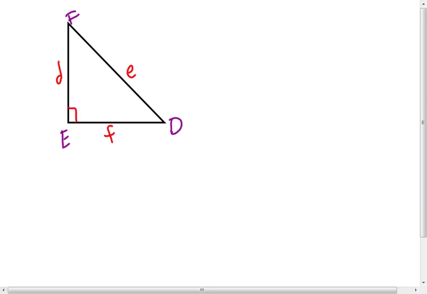So if we have a triangle set up like this, and we have F is equal to 17, E is equal to 32. We want to find D. Excuse me, not E, I'm sorry.